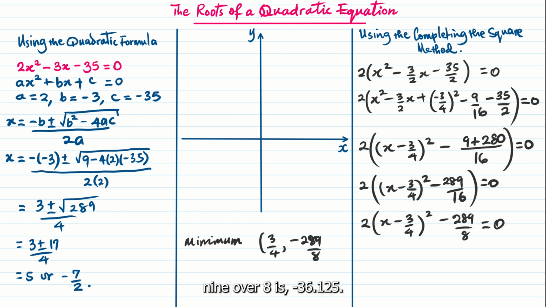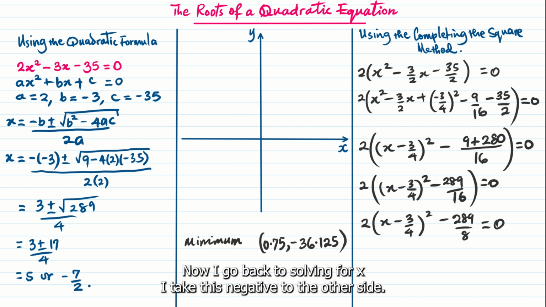Negative 289 over 8 is negative 36.125, so let me just write that as negative 36.125. And 3 over 4, of course, is 0.75. So let me write that down, 0.75. Okay, that's the minimum.